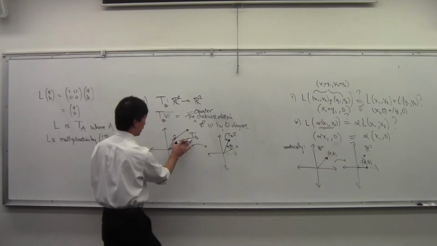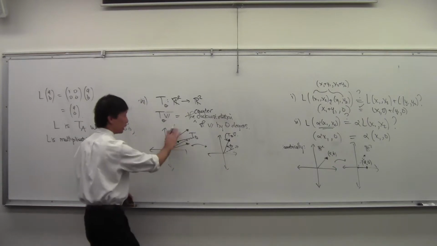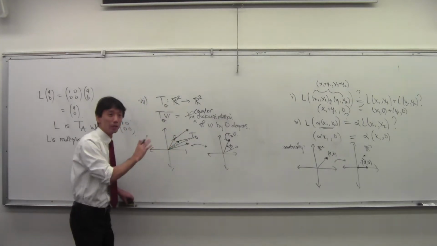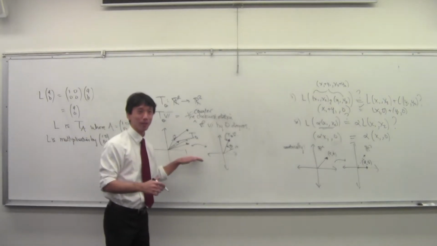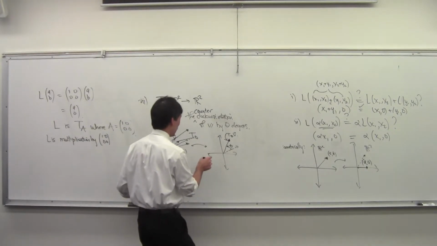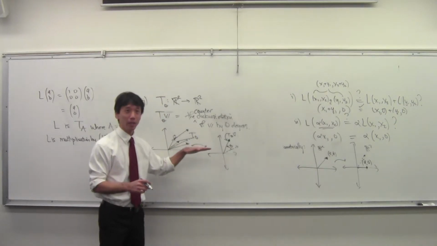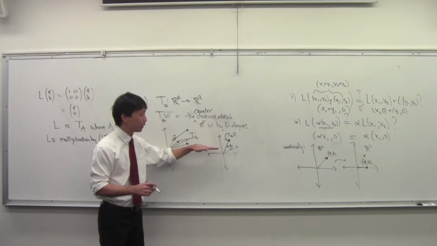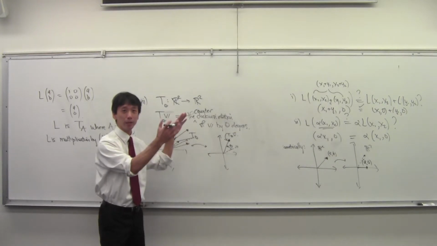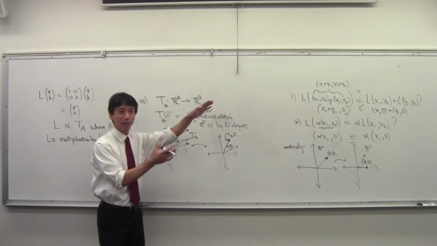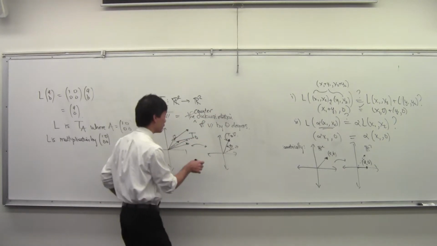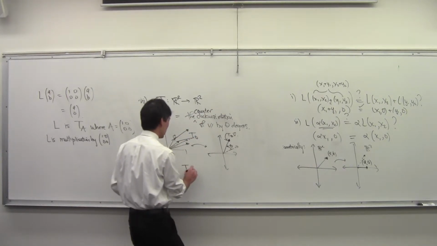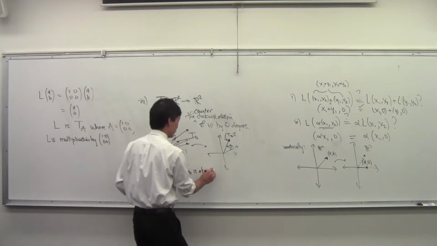Actually, it's the same, although my picture maybe doesn't show it so well. You get the same thing. And similarly, if you take your vector and scale it and then rotate it, it's the same as if you rotate it and then scale it. That one's easier to visualize, but they're both actually true. So this one is also a linear transformation.